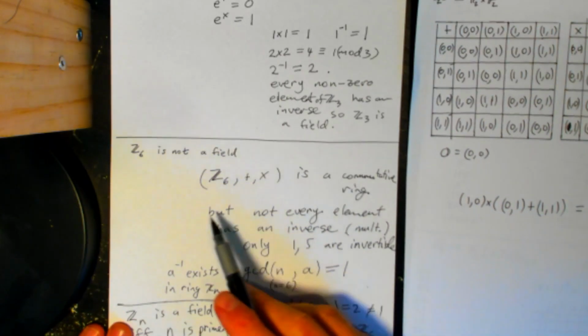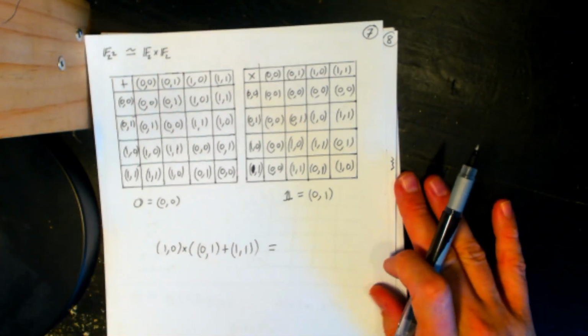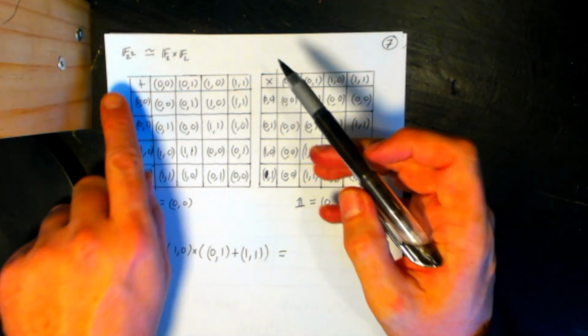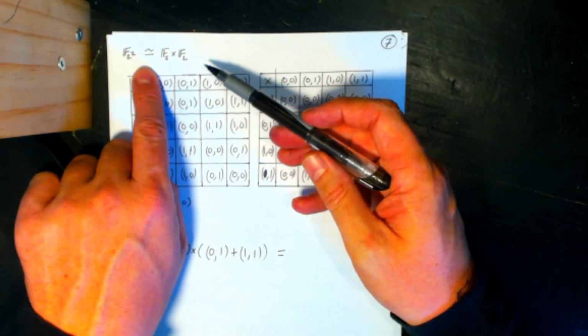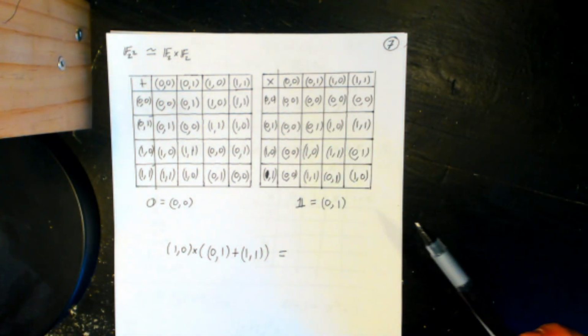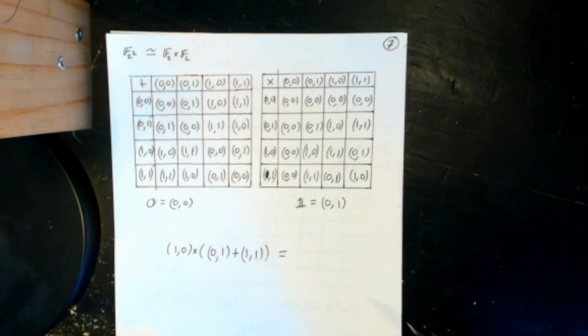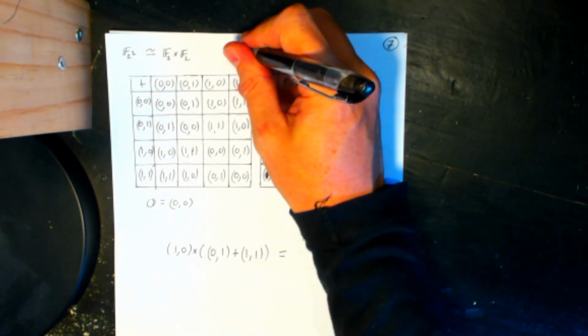Okay, so we've seen an example of a ring that's not a field. So now let's talk about rings in which we have characteristic that's prime, so finite fields. So I'll just write this out here.